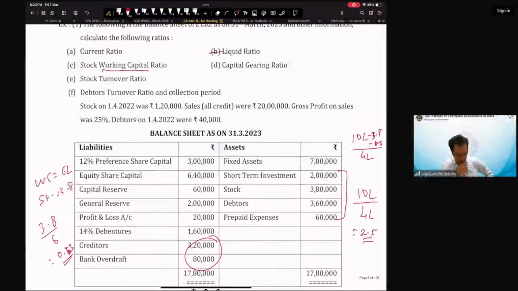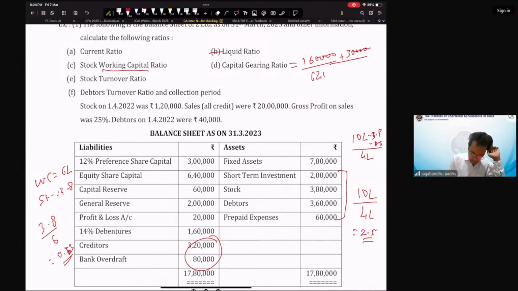Then capital gearing ratio. Capital gearing ratio will be debentures, which is 1,60,000 plus 3 lakh which is preference share, upon 6,40,000 plus 60,000 plus 2 lakh plus 20,000.